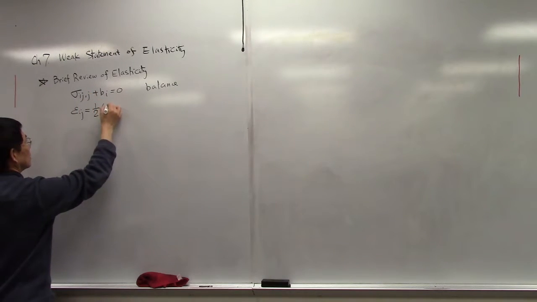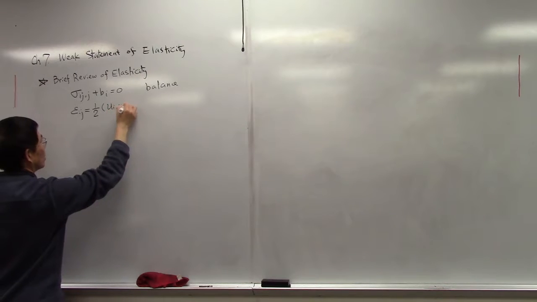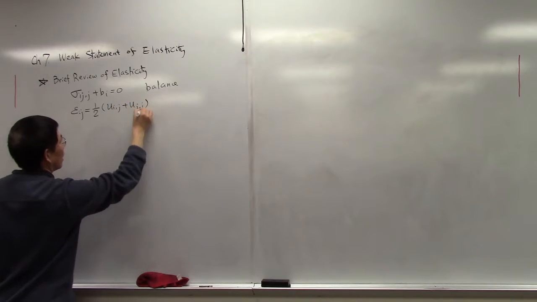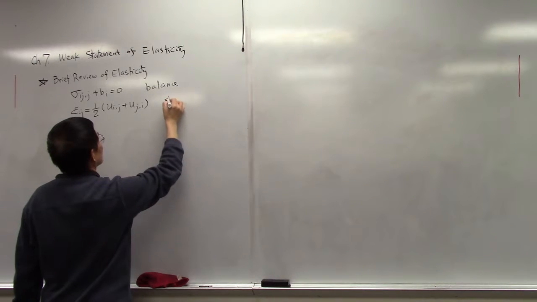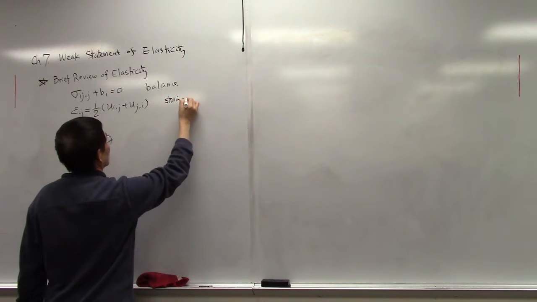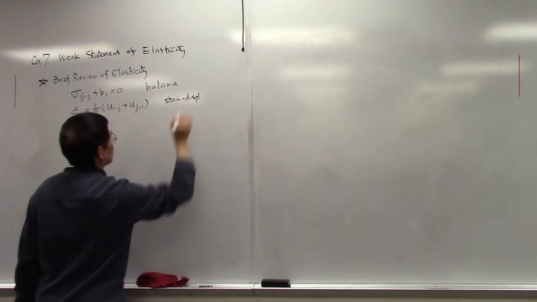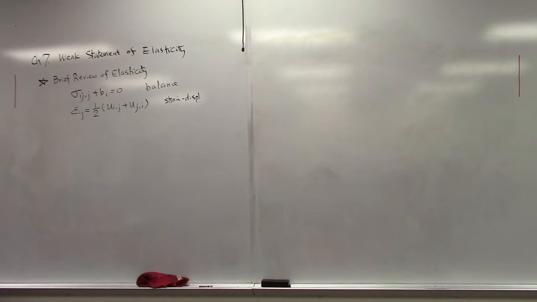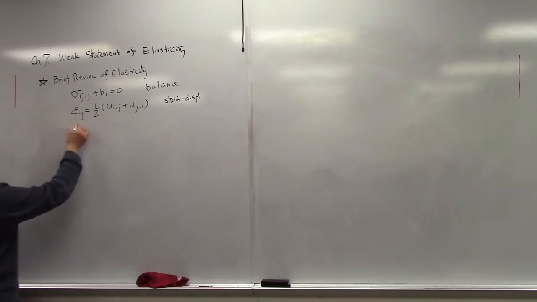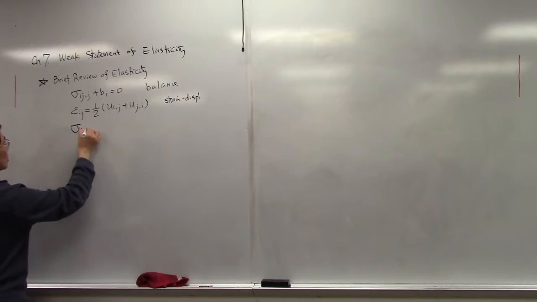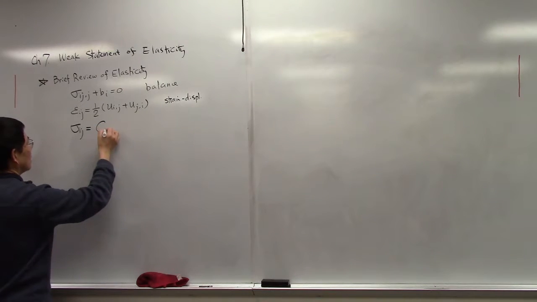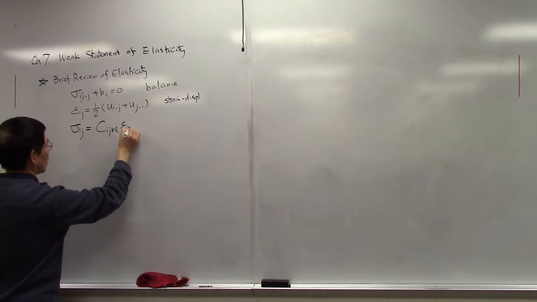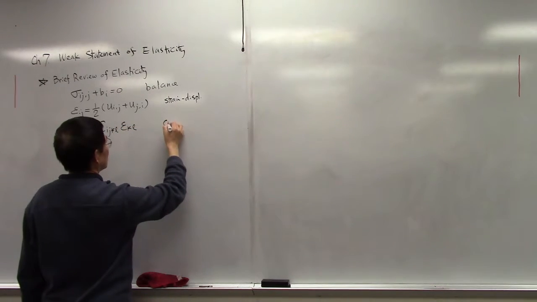This is equal to ui,j plus uj,i. So this is the strain-displacement relationship, or geometric relationship. And then there is the relationship between stress and strain. In general, we can write it as Cijkl and then epsilon kl. This is the constitutive law.